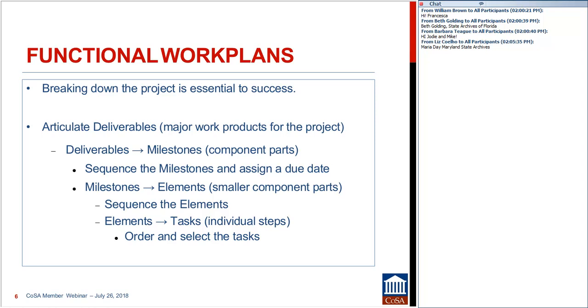What are really the main elements of the work that need to be completed at the end of the project? Will an entire collection be described and digitized? Will a digitized collection make its way to the web? Will a preservation plan be completed?